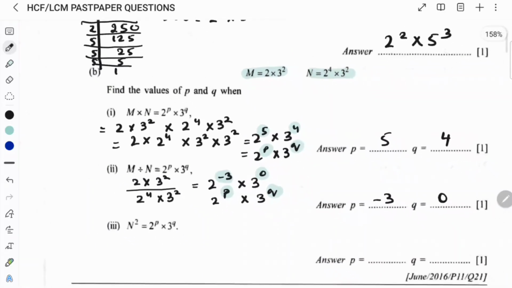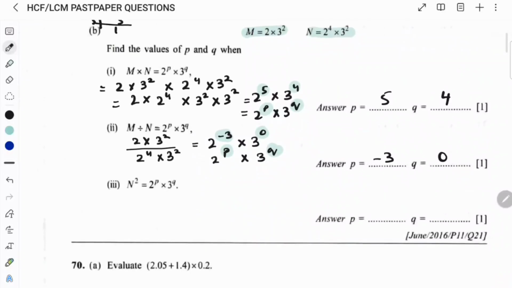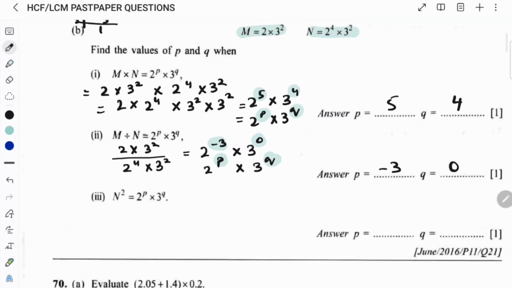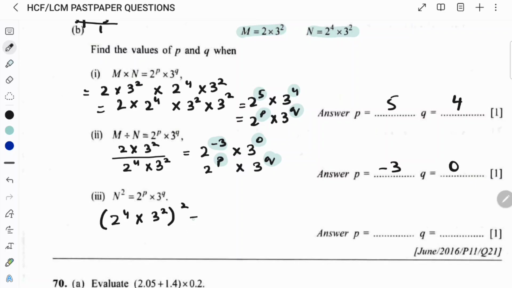Alright, so this was also a 1 mark question. Come to the third part. n square is equal to 2 to the power p times 3 to the power q. n square means n is multiplying by itself. So that is 2 to the power 4 into 3 square and then whole square. You can write it separately as well, but if you write it like this, 4 times 2 is 8 and 3 to the power 4.